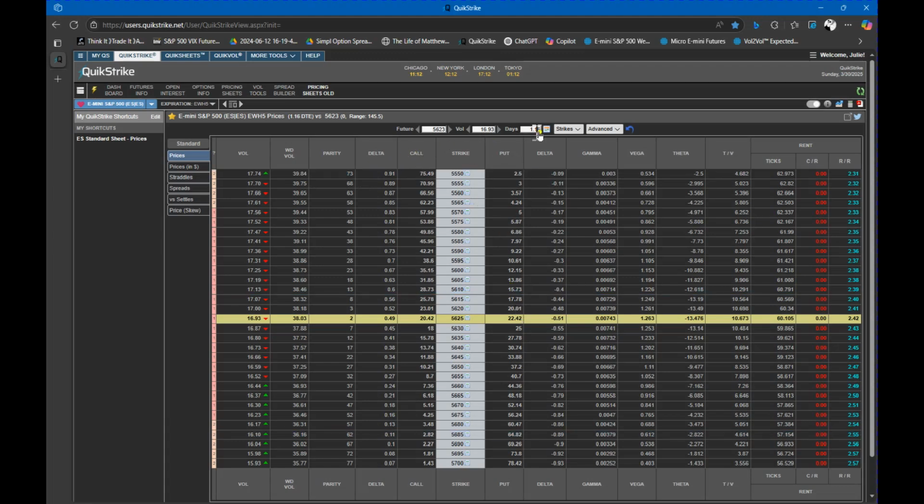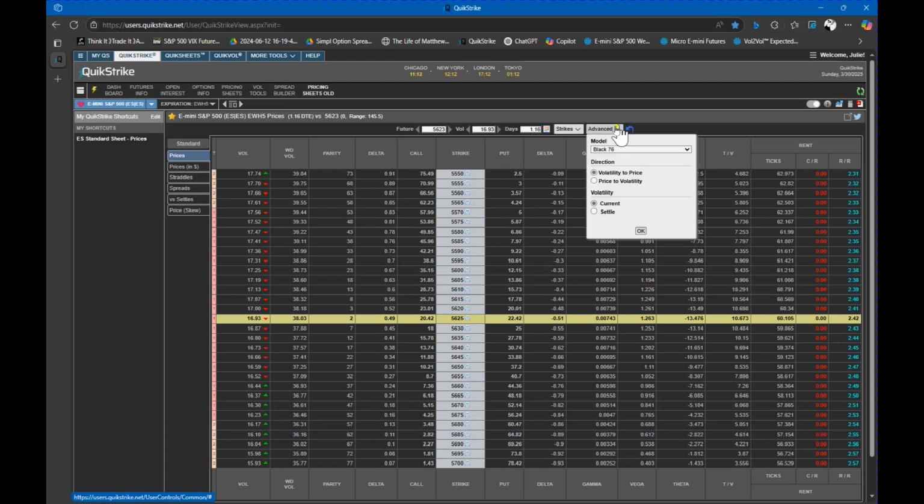You can calculate your option pricing models in the current implied volatility, right? That would get you a call premium of 20.42 and 22.42 on the current at the money strike.